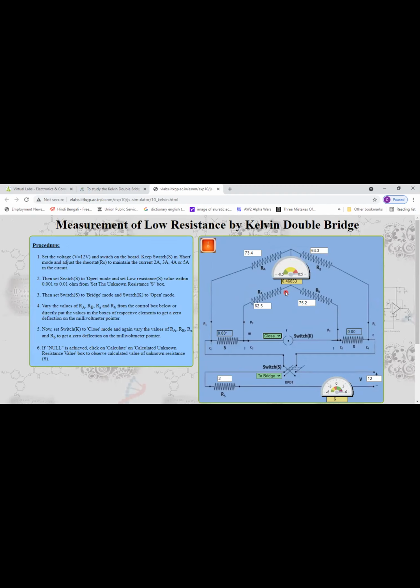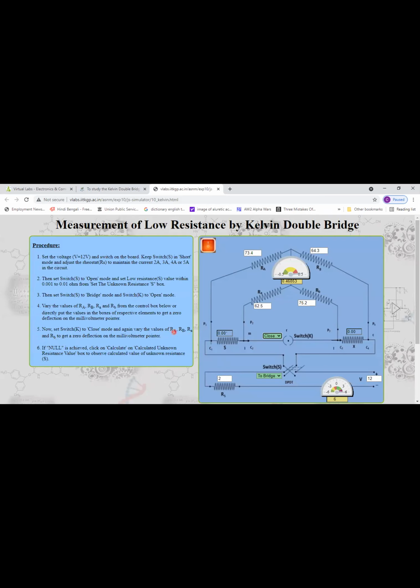Whenever you go for the experiment, lots of time you have to spend to reach this zero or null position. Again we have to set it. Here it also says to set the switch K to the closed mode again and vary the values of RA and RB. This is capital RA, capital RB, and small ra and small rb.